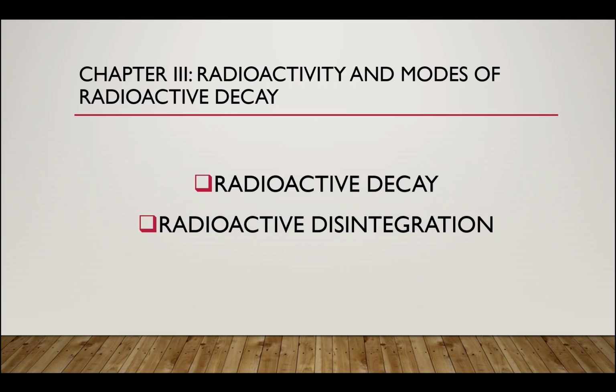This process of changing from an unstable state to a more stable state is what we call radioactive decay or radioactive disintegration. During this process, note that there is an emission of nuclear particles and a release of energy as mentioned earlier.